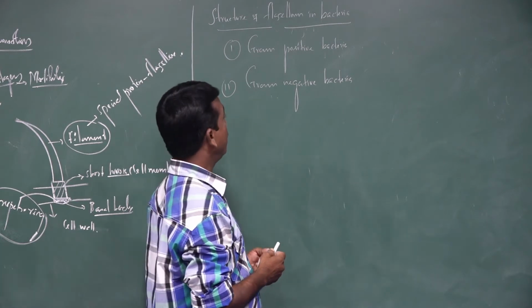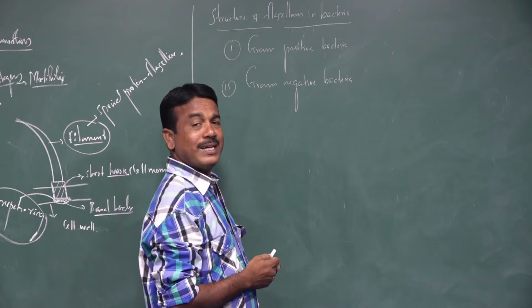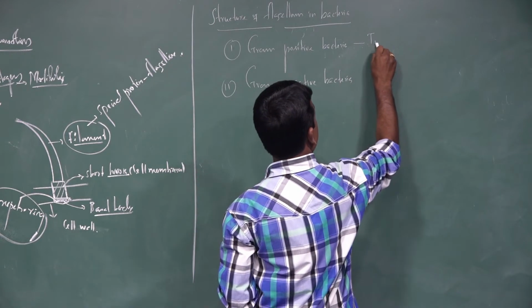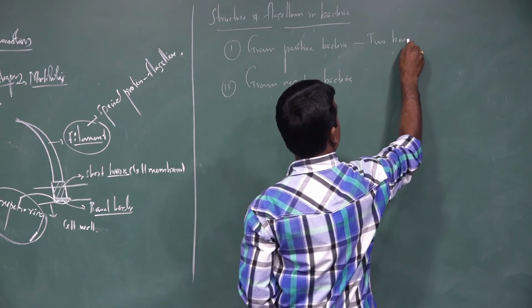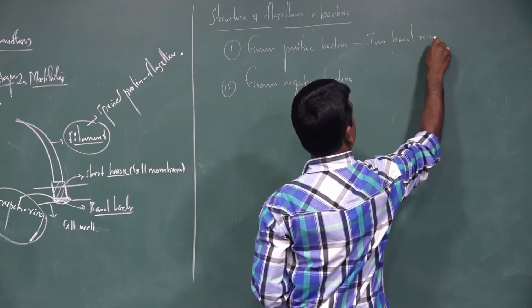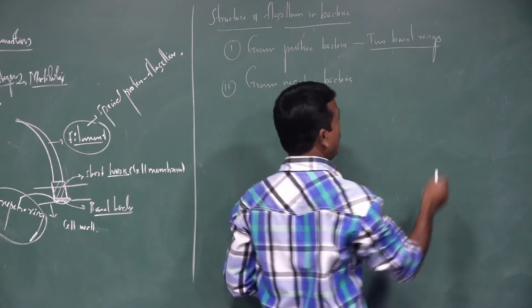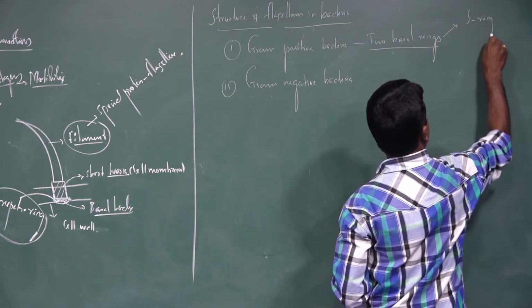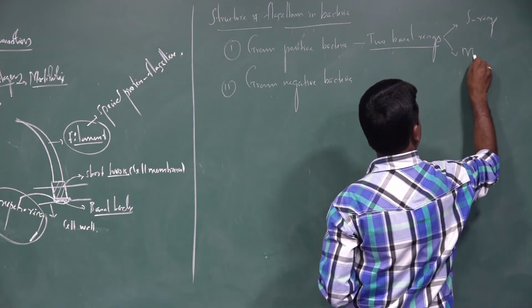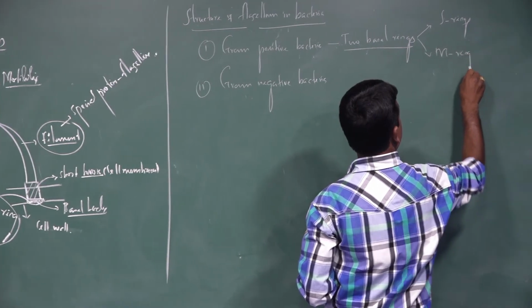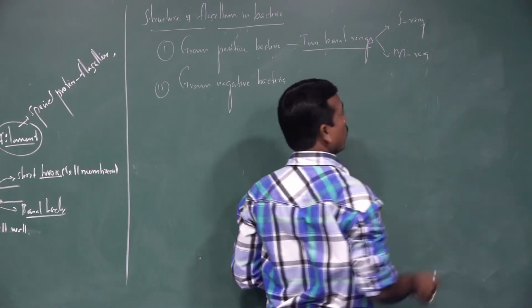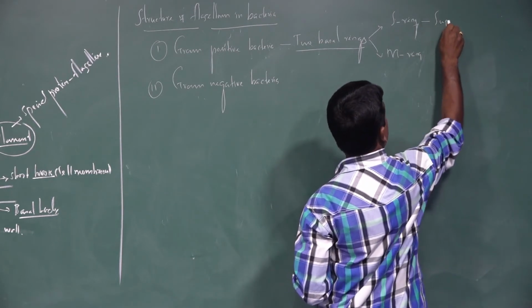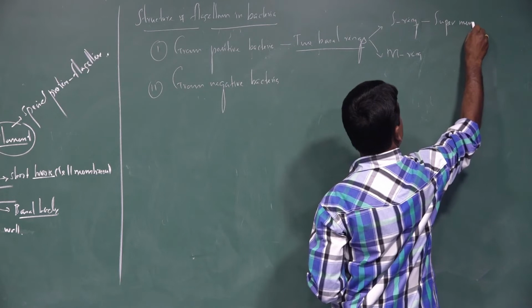Gram-positive bacteria contain only two basal rings, namely the S ring and the M ring. What is the S ring? Super membrane ring.